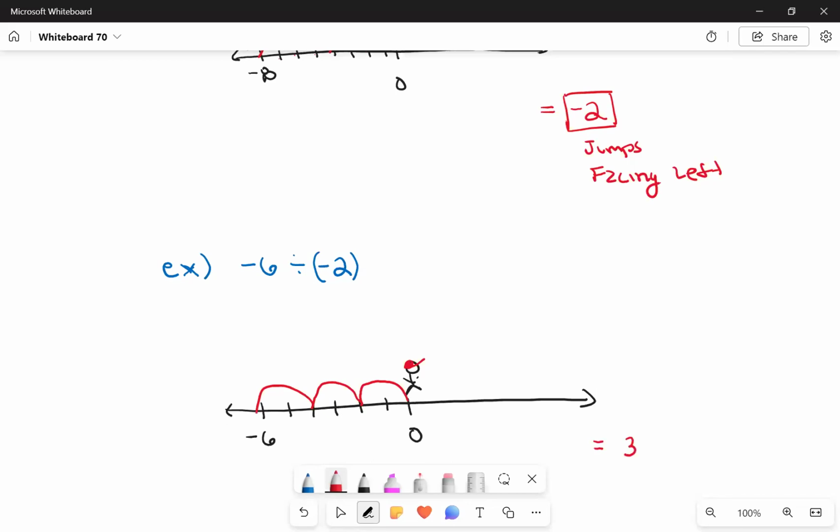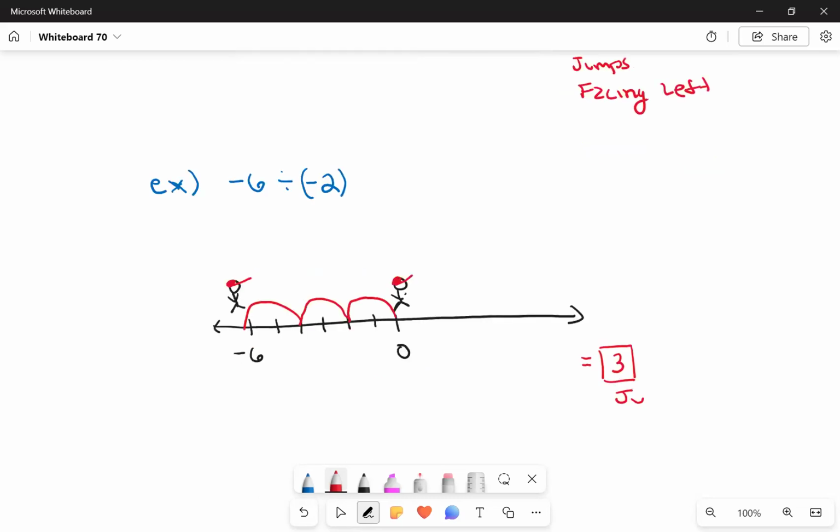But because the little guy is facing to the right, our final answer is a +3. So it took 3 jumps to get there. 3. All right. Okay. So hopefully we understand how the number line works.